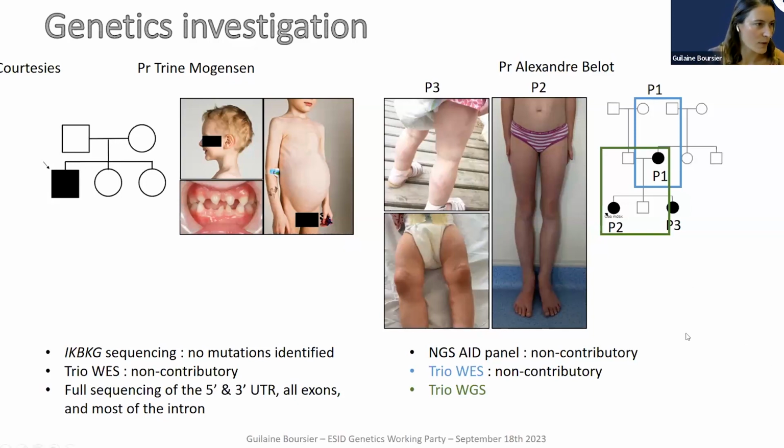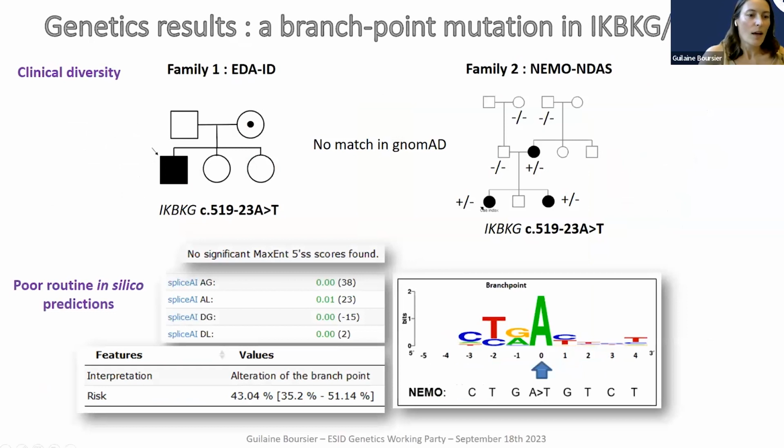So what was this diagnosis? As a result, we observe a branch point mutation in the EKBKG, NEMO gene. The mutation was localized in intron 4 at position -23.